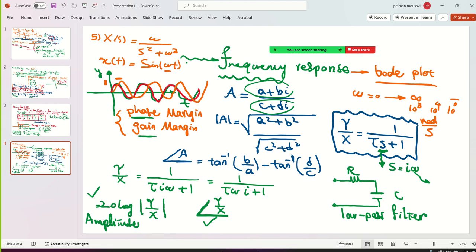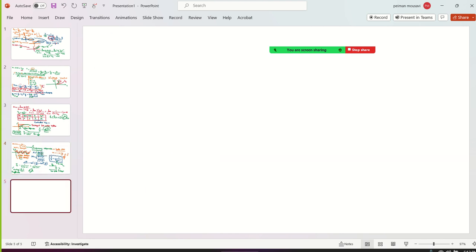Can I go to the next page? I'm going to teach you by hand first, but there is a very simple command in MATLAB to plot the Bode, two lines, even one line. Okay, so let's go. Next page.